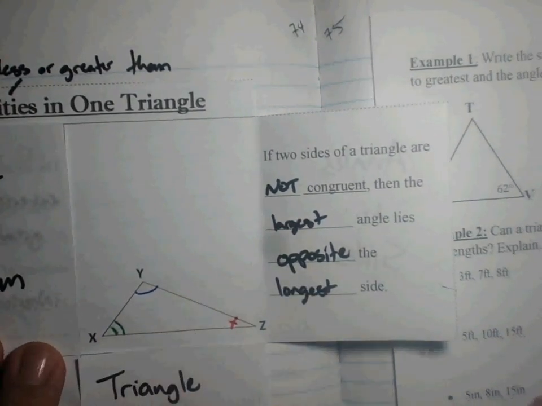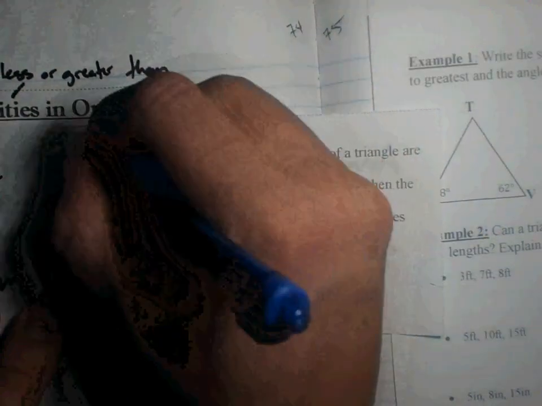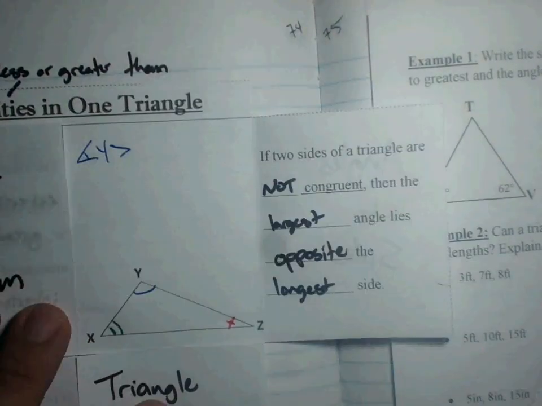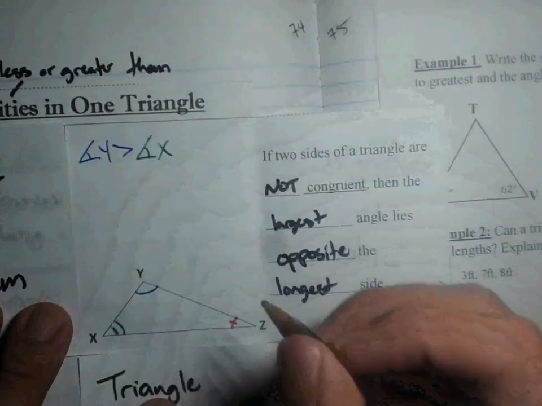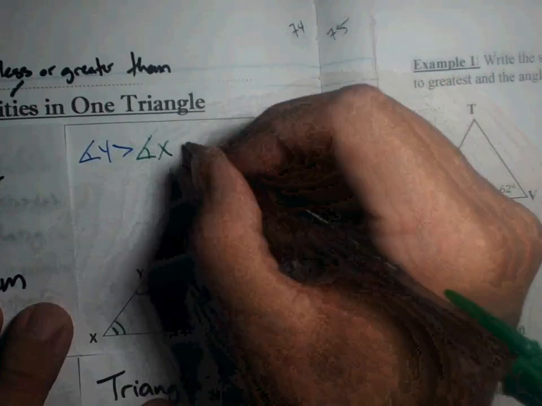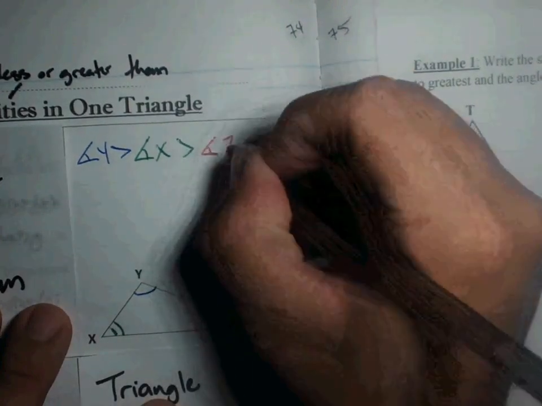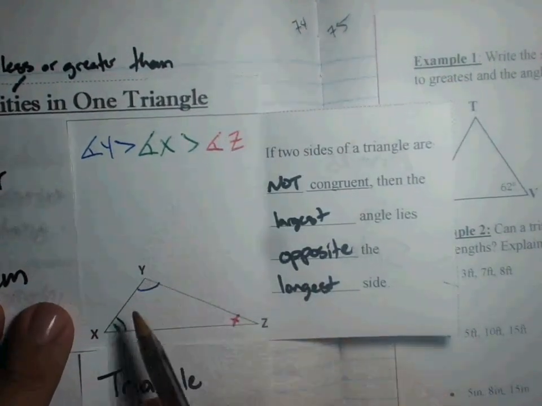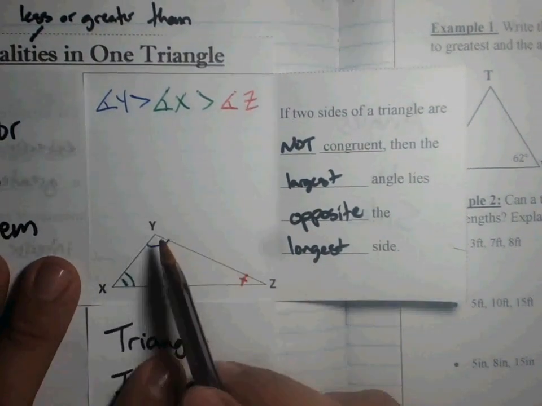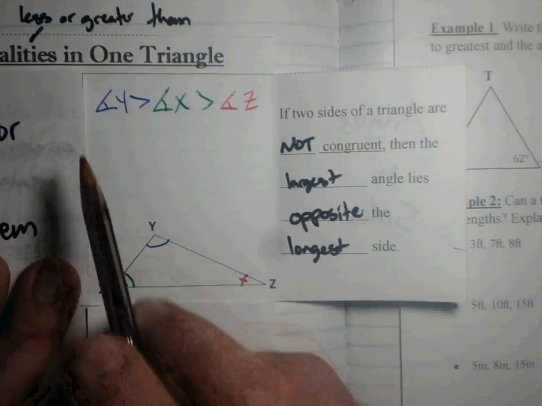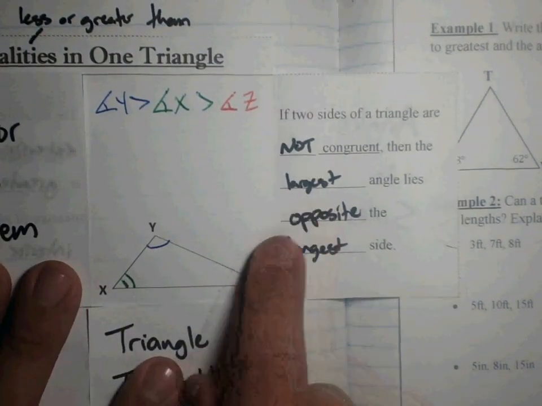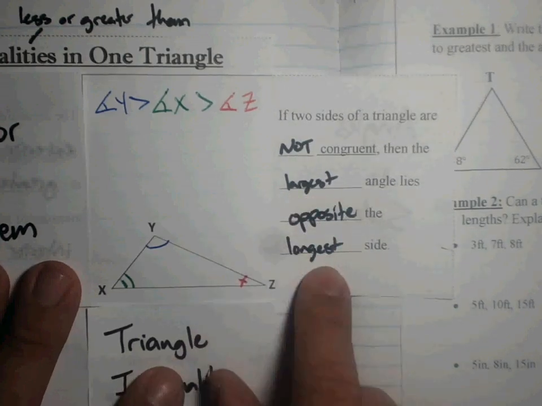So if we say that angle Y is greater than angle X, which is also greater than angle Z, so this is our biggest angle, then the medium, then the small, the idea is the largest angle lies opposite the largest side.